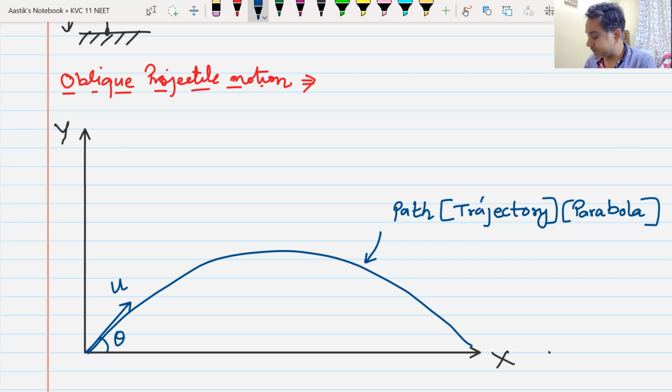Now it goes up and reaches a certain highest point. This height is known as h max, the maximum height.